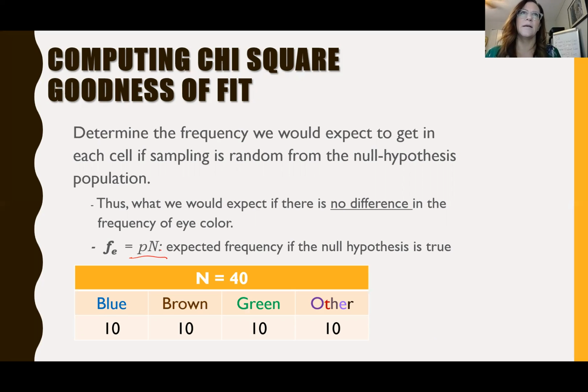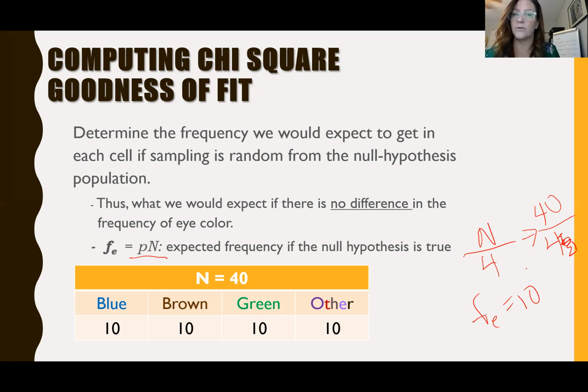To me, the easiest way to do this is just take n, whatever your n is, and divide it by how many categories there are. So I'm going to divide n by 4. N is 40 divided by 4. Oops, not 40, but 4. Okay, so that means our expected frequency equals 10 in each of those categories.